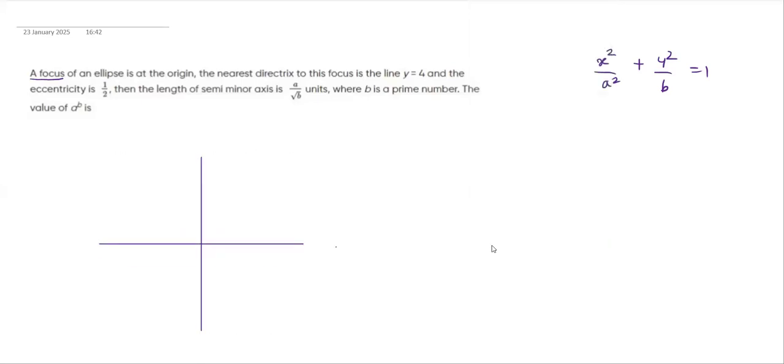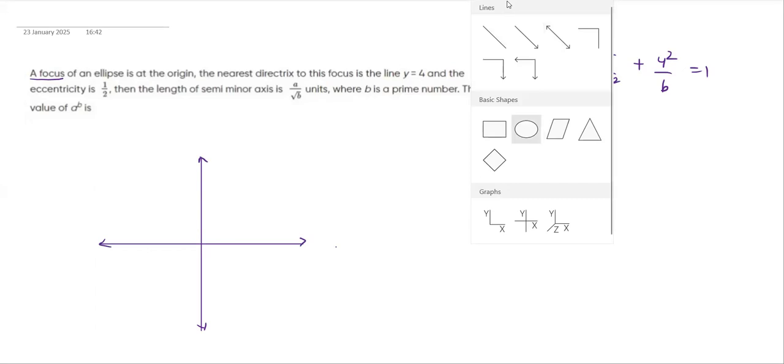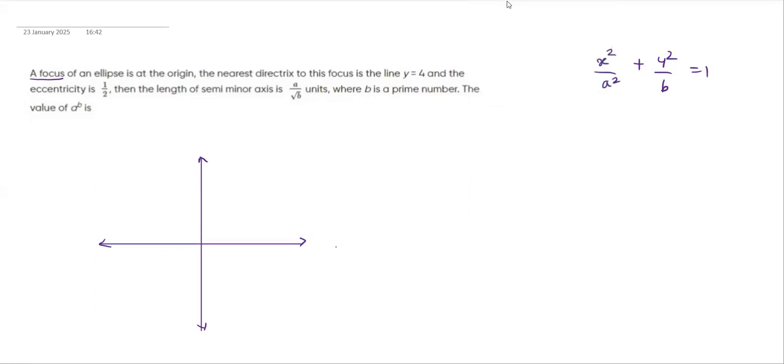Seeing the figure, we can try to make transformations as we go. If I draw an ellipse here, I want the focus to be at the origin, and the directrix is y is equal to 4. Whenever we have y is equal to a as a directrix, obviously it will be a vertical ellipse.